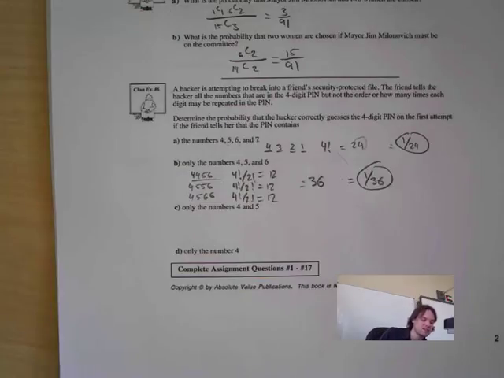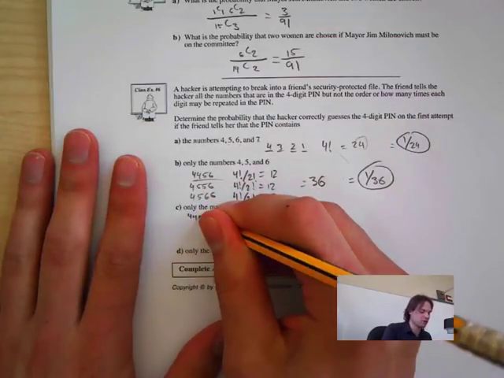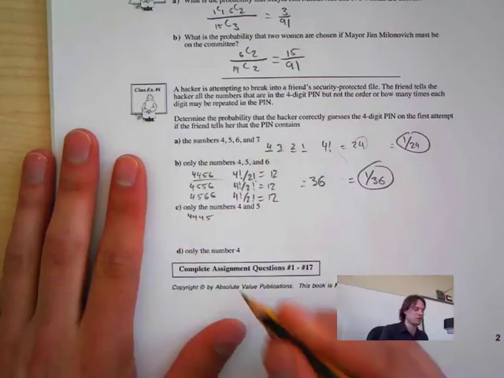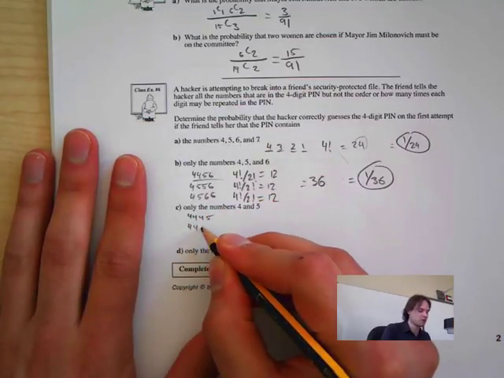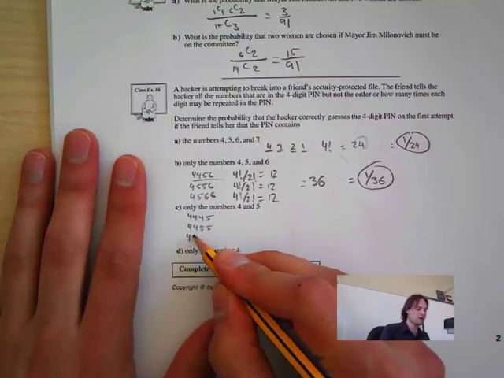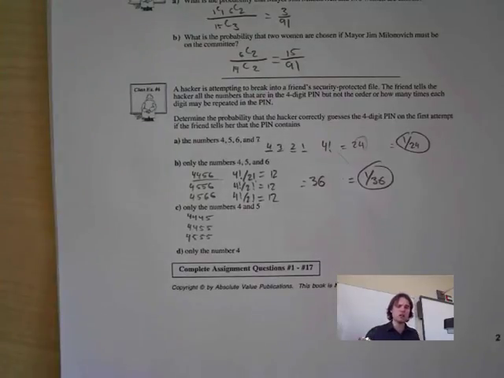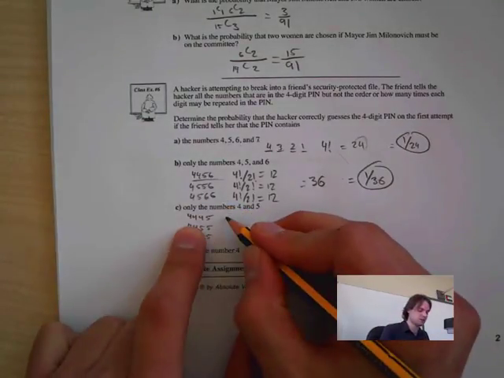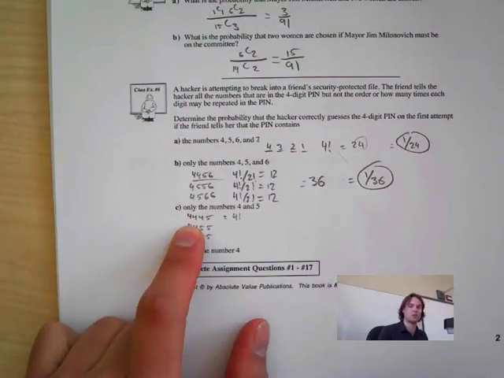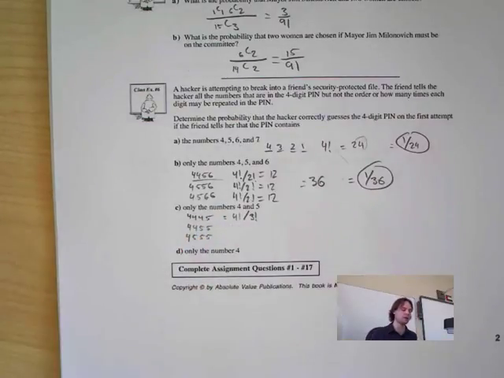Now the last one says only the numbers 4 and 5 are used. So first of all, we could have 3 4s and a 5. That's 1. We could have 2 4s and 2 5s. Or we could have 1 4 and 3 5s to make up the code. Now, the first is the same as 4 factorial divided by 3 factorial, because we have 3 4s repeating.